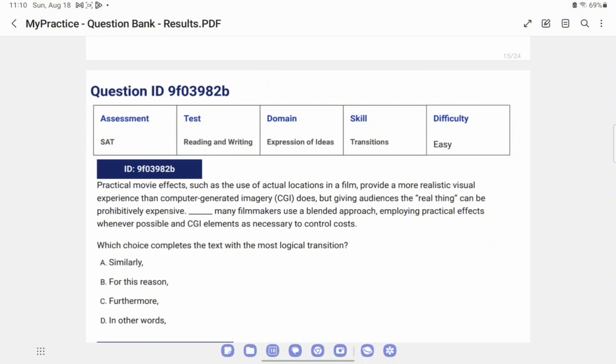Furthermore is like you're adding information, but this is not continuing to talk about how the real thing is more expensive. It's talking about what they do because of that. In other words, no, because we're not rephrasing what was said before. So B.